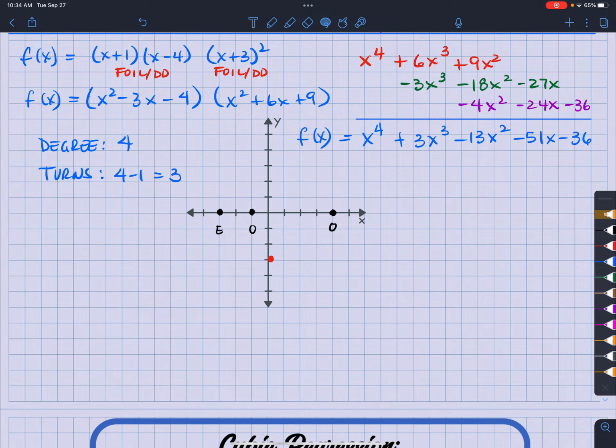So 1, 2, 3, 4, 5, 6, so it'll be right here at -36. Notice that from here to here, going through this point, I have to go down and back up. The question is, how far down does this go before it comes back up? That's what I have to be careful of.